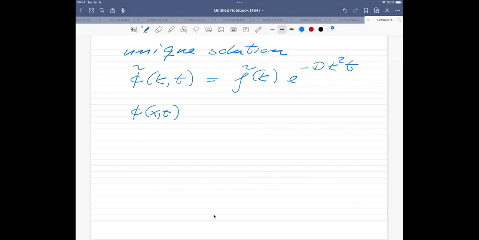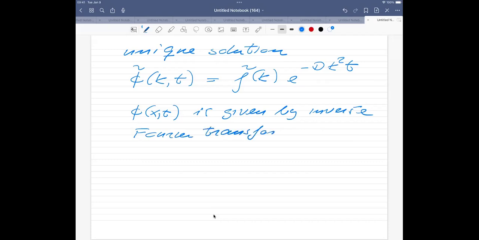So this quantity, phi of x and t, is given by the inverse Fourier transform. Which means that I would then have phi of x and t given by an integral over k in the domain of k values, typically minus infinity to plus infinity, of dk e to the minus i k x, times phi tilde of k and t.